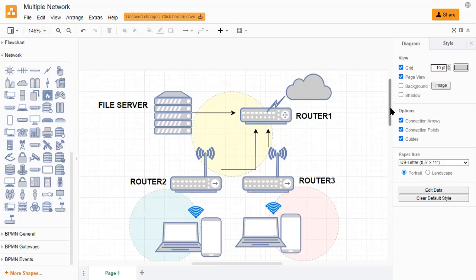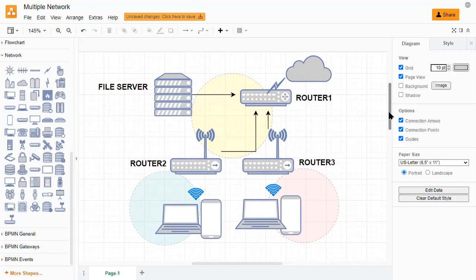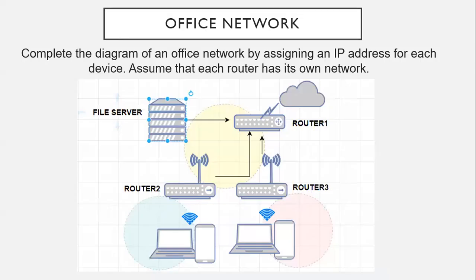Now, the IP address that we will be using is the private IP address class C. Do you still remember that? So let me show you again the private IP address for different classes.